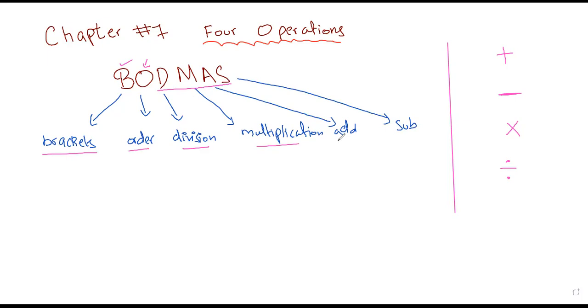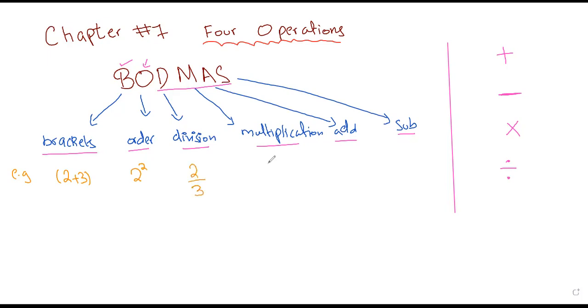Let's talk about these further by examples. For example, if we talk about brackets, we can have 2 plus 3 in brackets. If we talk about order, we can have 2 to the power 2, because the power of 2 is 2. If we talk about division, we can have 2 divided by 3.